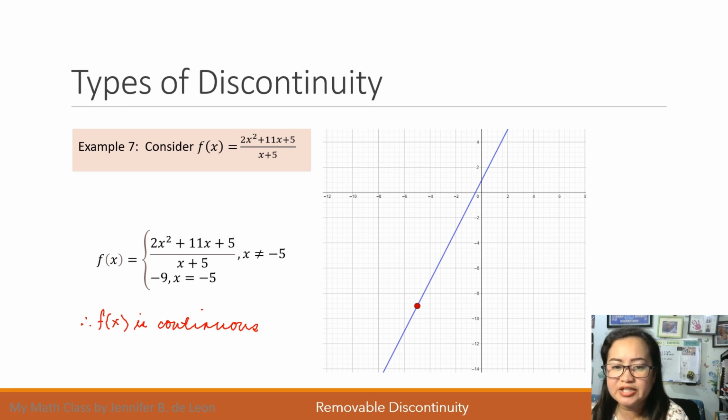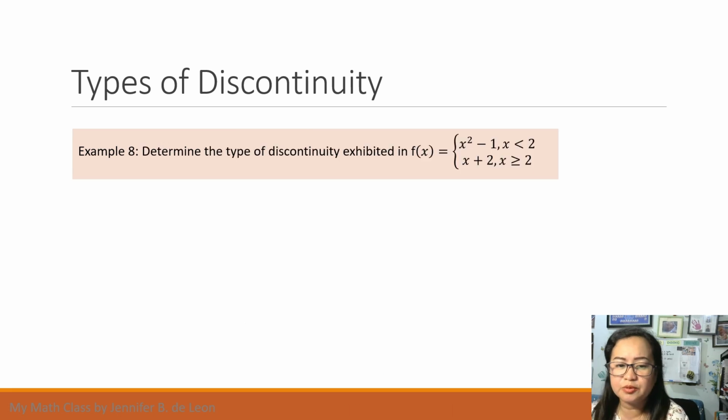Okay, so let's have another example. Let's determine the type of discontinuity exhibited in f of x equals x squared minus 1 where x is less than 2, and x plus 2 where x is greater than 2.